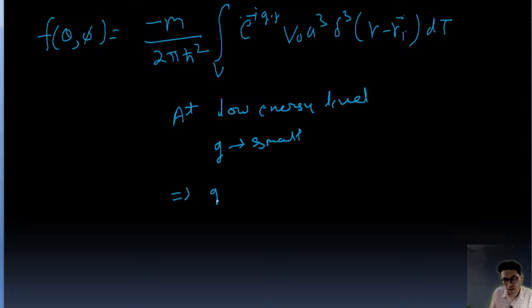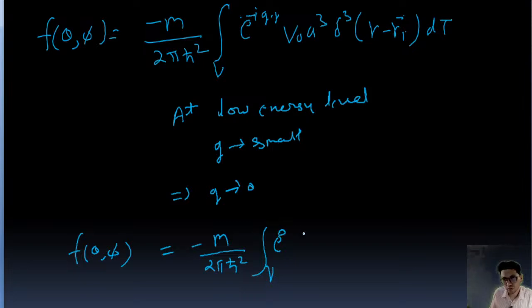It means q tends to 0. Q tends to 0 means we'll put q equal to 0, so f theta phi is going to be minus m upon 2 pi h cut square volume integration e to the power 0, that is v naught a cube del cube r minus ri factor d tau.